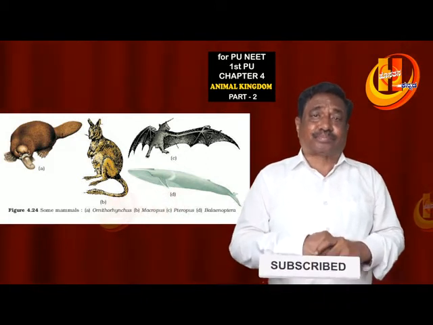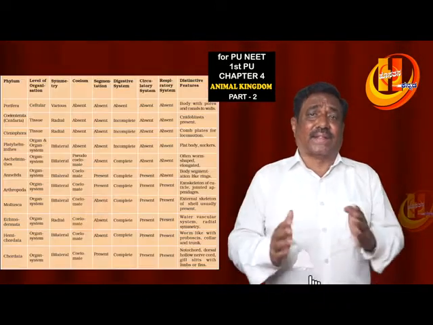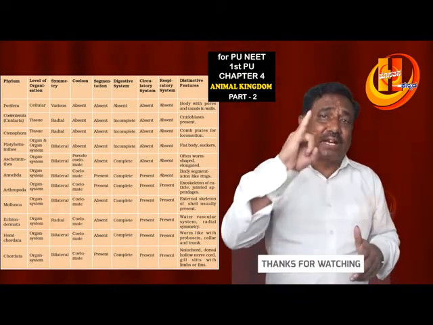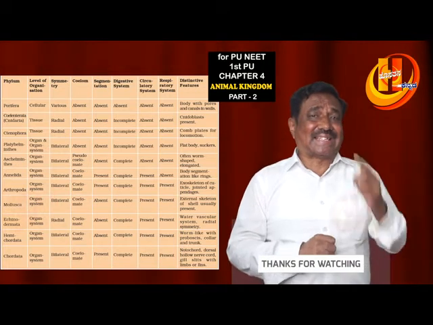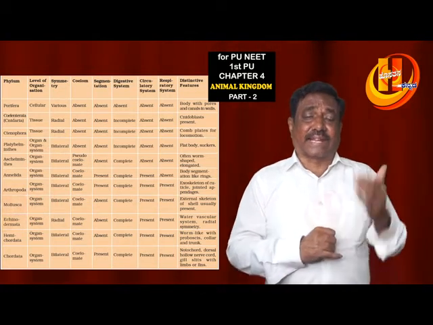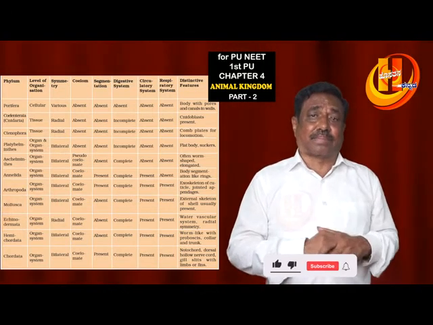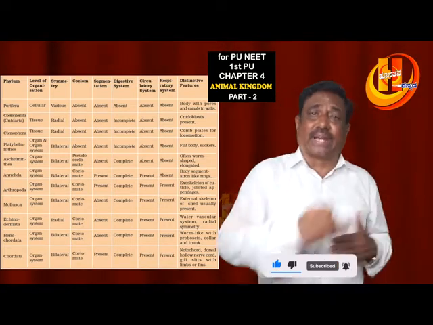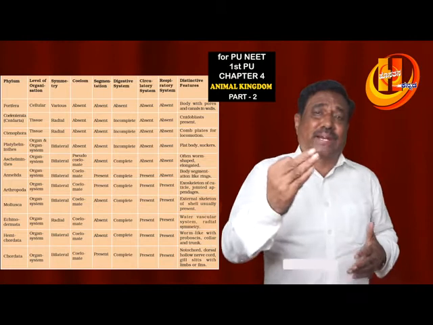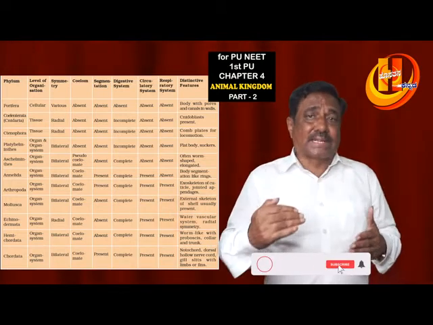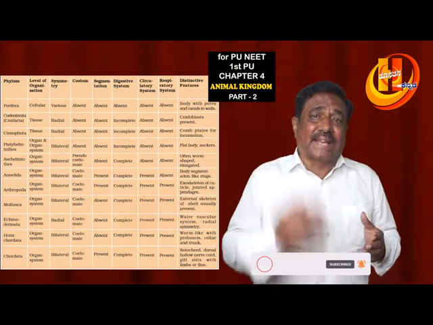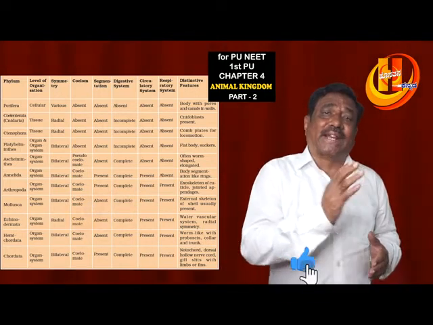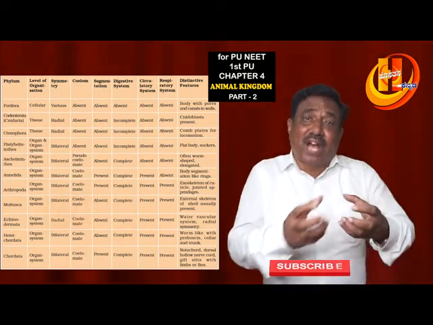And coming to the different types of organization. The first one, Porifera, will have cellular grade organization, and the second phylum in this chapter, Coelenterata, has tissue grade organization, Ctenophora tissue grade organization. Apart from this, Platyhelminthes, Aschelminthes, Annelida, Arthropoda, Mollusca, Echinodermata, all these have organ and system type of organization.